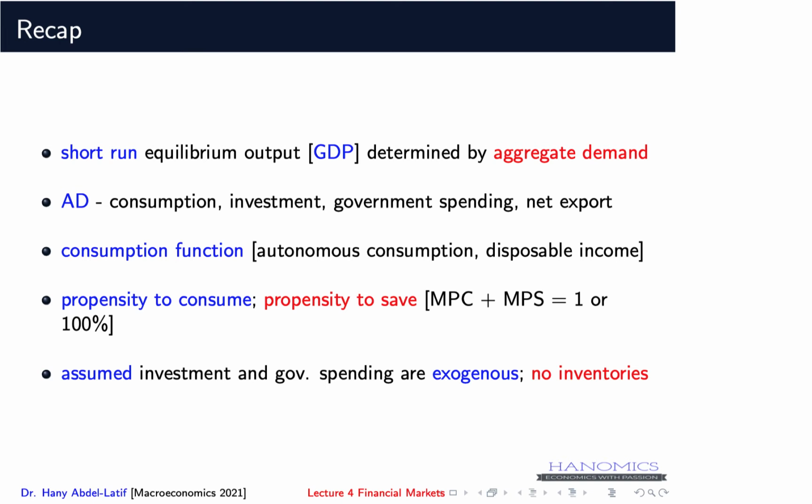A very important concept we looked at, which is the slope of the consumption function, is the marginal propensity to consume, which we call C1. This is very important, because if income increases by 100 million pounds and households spend 80 million out of this 100 million pound increase in income on consumption, that means the marginal propensity to consume is 80%, or 0.8.